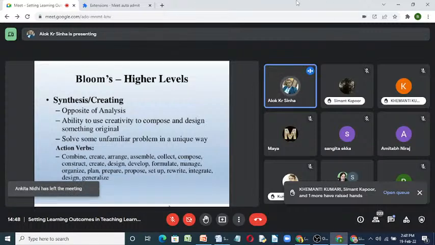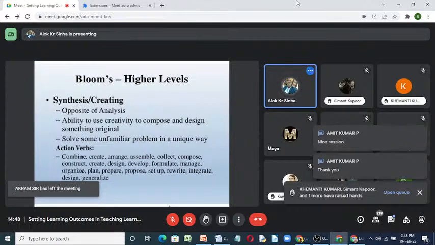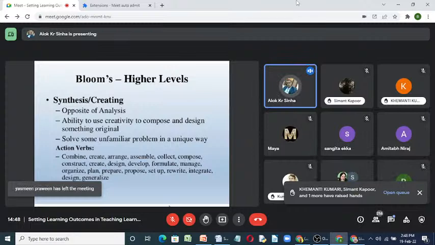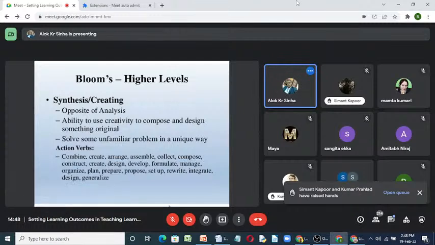The action verbs used in it are combine, create, arrange, assemble, collect, compose, construct, design, develop, formulate, manage, organize, plan, prepare, propose, set up, rewrite, integrate, generalize. So these are the action verbs under this segment.